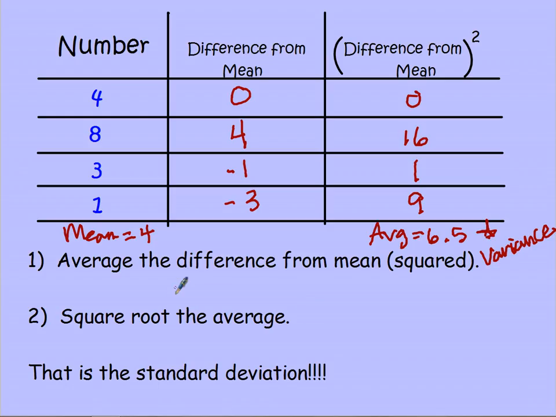So my average difference from the mean squared is 6.5. If I square root this average, so square root of 6.5, and round to 2 decimal places, I get 2.55. This number is the standard deviation.